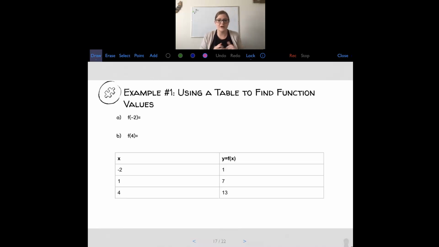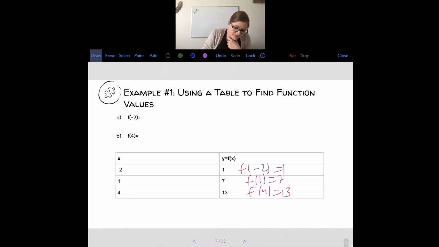Okay, so example, using a table to find function values. We have a table below. We have x values -2, 1, and 4, and we have y equals f of x. For x is -2, the corresponding y value is 1. For x is 1, the corresponding y value, or f of x, is 7. For x is 4, the corresponding y value is 13. Another way to write this is f of 4 is 13, f of 1 is 7, f of -2 is 1.